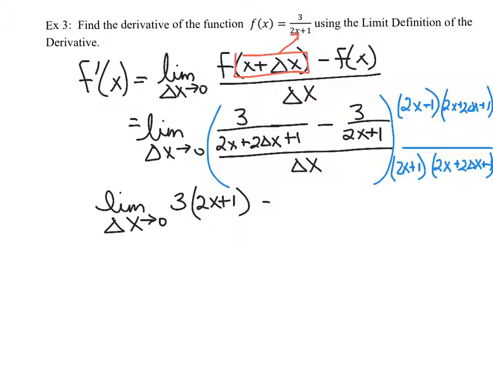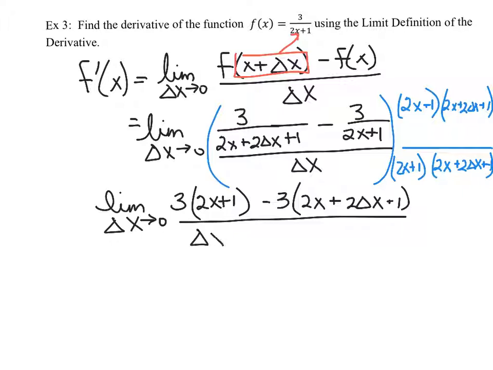In the case of the second fraction, the 2x plus 1's cancel. So now I'm going to have 3 multiplied by 2x plus 2 delta x plus 1 all over delta x multiplied by the product of both of our least common denominators, 2x plus 1 times 2x plus 2 delta x plus 1.